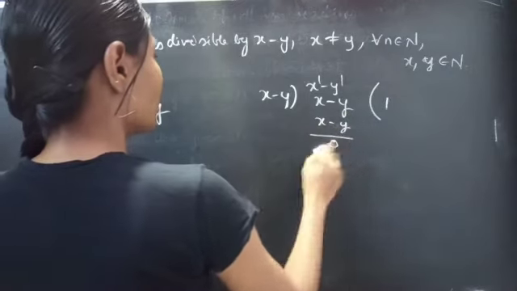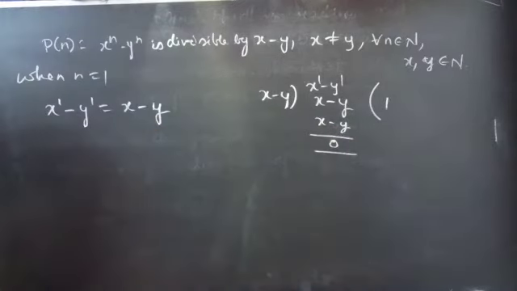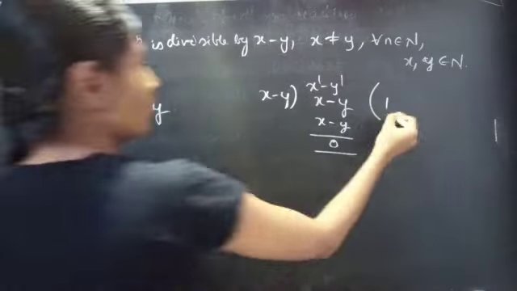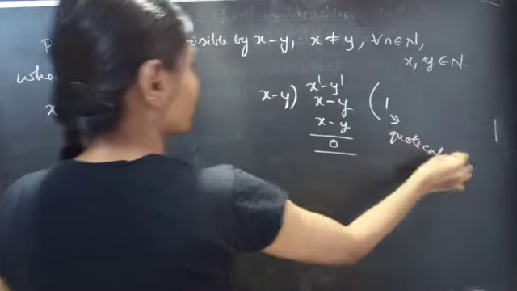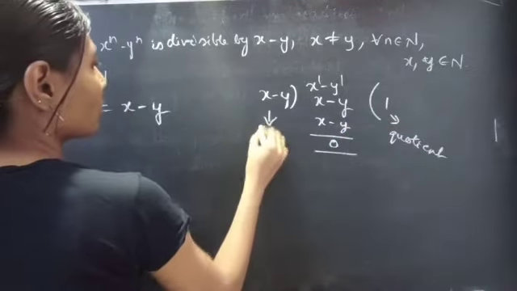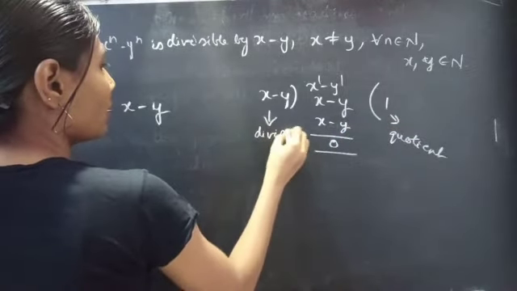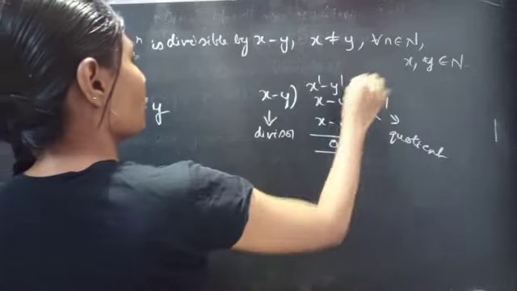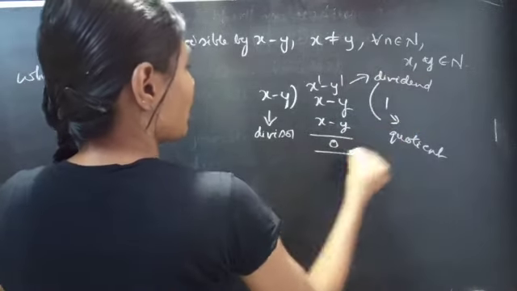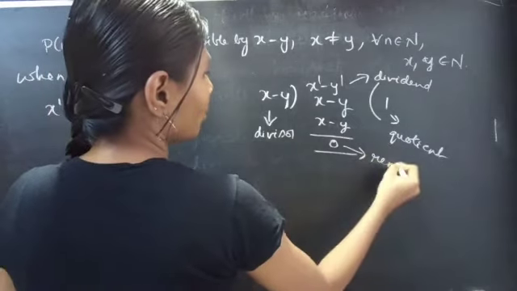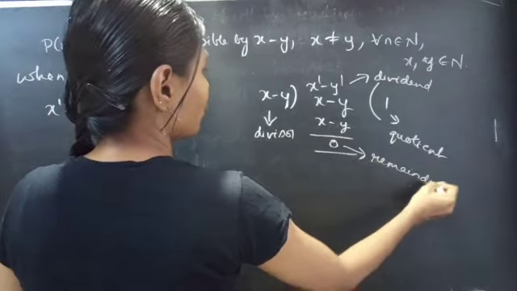So here we'll get the remainder 0 and 1 is the quotient, and this is the divisor. x power 1 minus y power 1 is the dividend and 0 is the remainder, right?